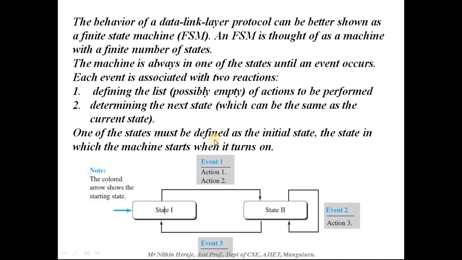One of the states must be defined as the initial state in the finite state machine, or as we call it, the transition state diagram. It is the state in which the machine starts when it turns on. If you look at this diagram, this arrow indicates the starting state of the machine, which here is state 1.